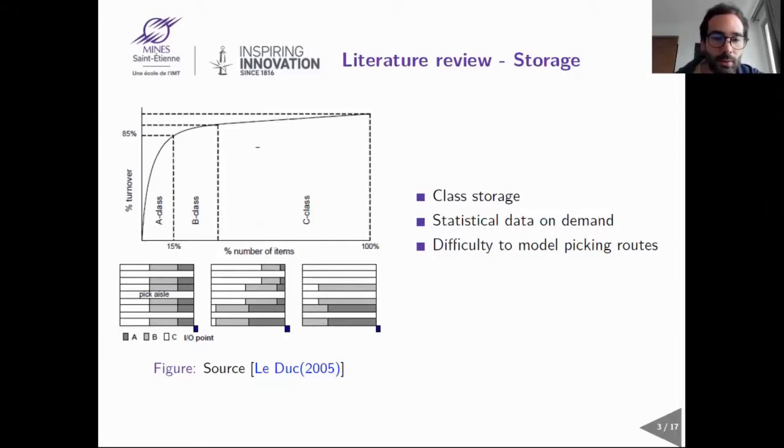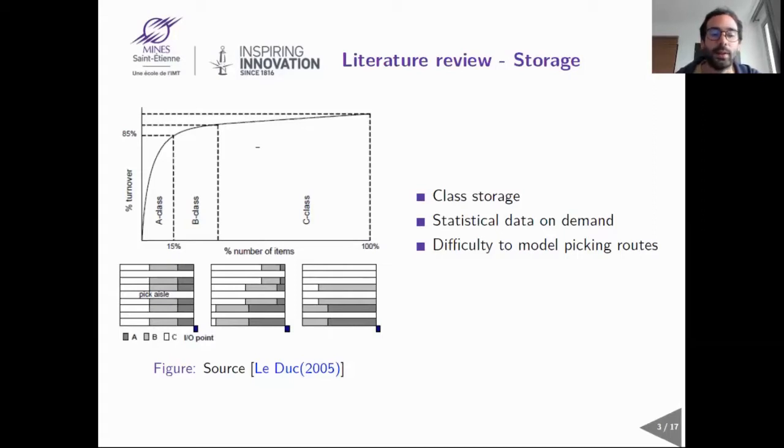But there are also other methods that are used, but most of the time they are based on statistical data on the demand, like turnover of an item, its weight, its volume. Sometimes solution methods also use more sophisticated data, like the correlation between different items, about how likely they are to be picked together.